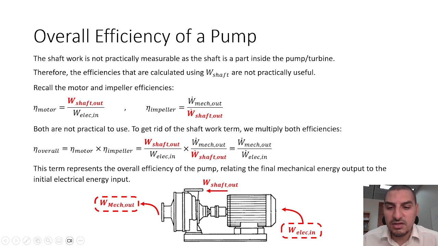What I care about is the final mechanical work out and the initial electric work in. This is what we will do later. If I'm doing calculations on a pump and I want to know how much electric energy I need, then I have to know how much mechanical work I need to provide to the fluid, and from the efficiency I can find the electric energy.